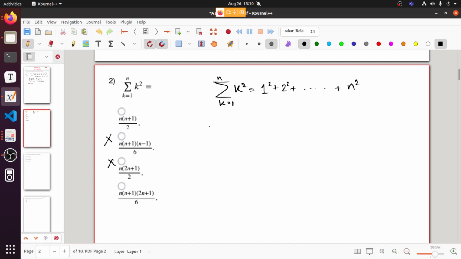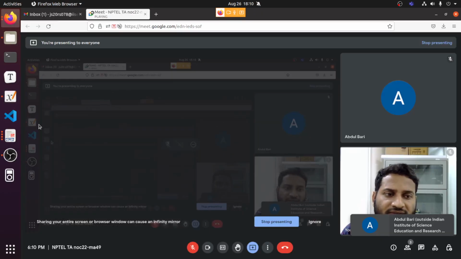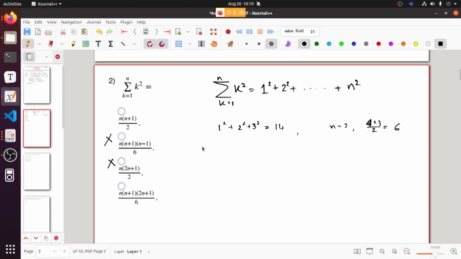For 3 terms, 1 square plus 2 square plus 3 square is 1 plus 4 plus 9, which is 14. And here if you put n equals 2, it will be 2 into 3 by 2, which is 6. These two are not equal. So option 1 is also incorrect. Only option 3 remains.